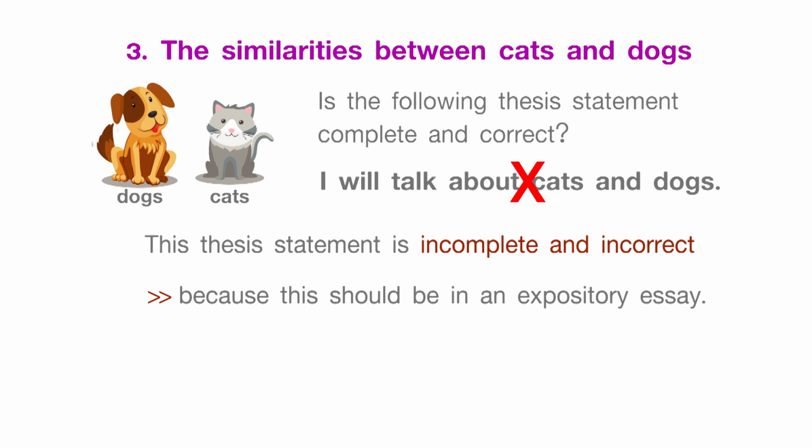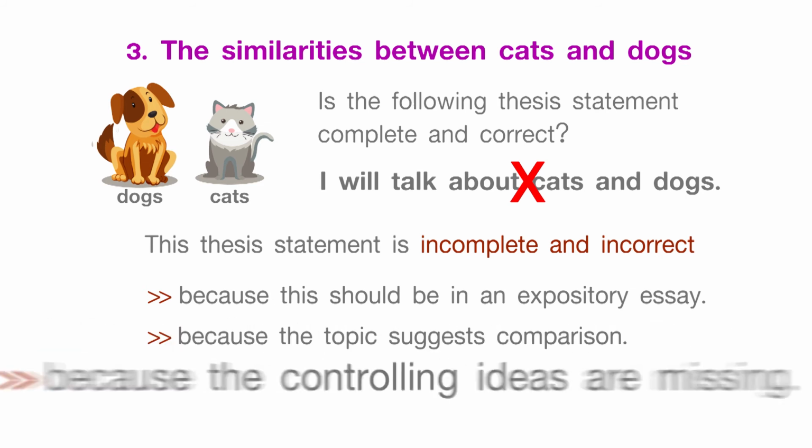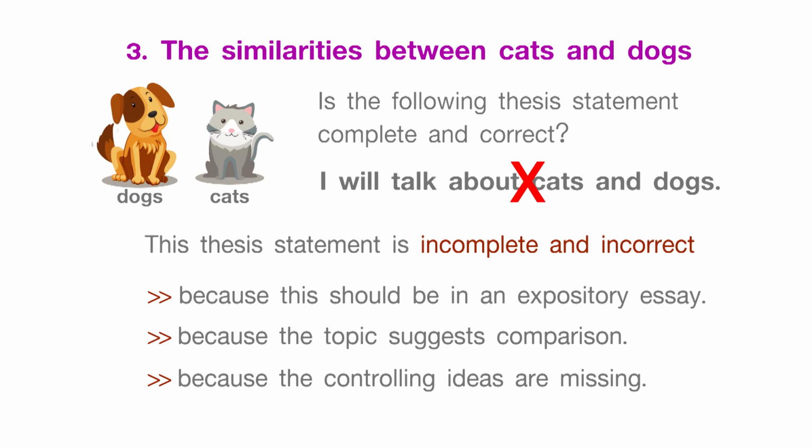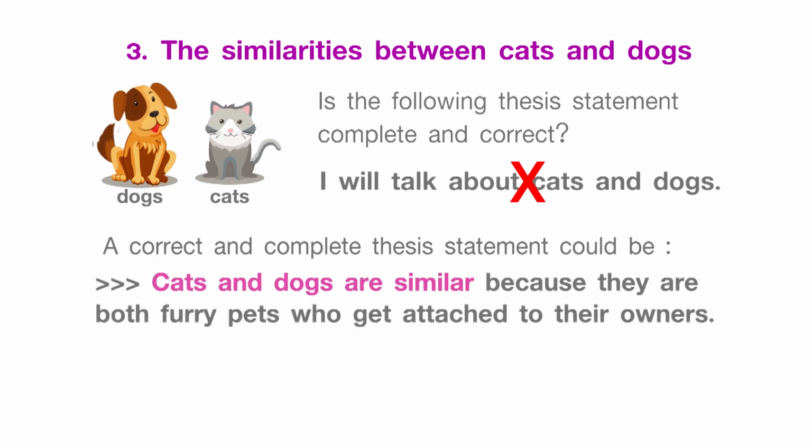The topic suggested we will make a comparison. Also, the controlling ideas are missing. A correct and complete thesis statement for this topic could be: cats and dogs are similar because they are both furry pets who get attached to their owners.